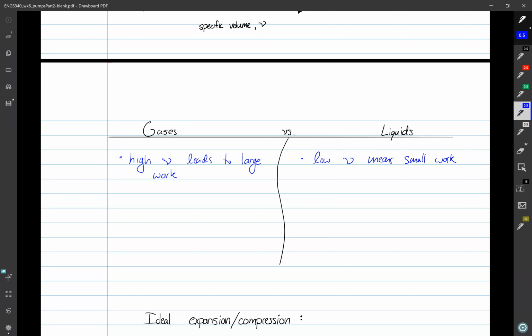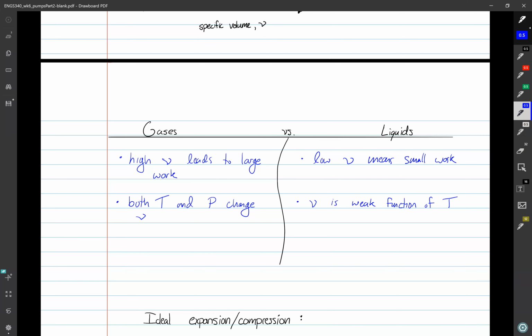The other thing that we can say is that for a gas, both temperature and pressure change the specific volume. So specific volume is a function of temperature and pressure for a gas. For a liquid, it's not. Specific volume is a weak function of temperature.